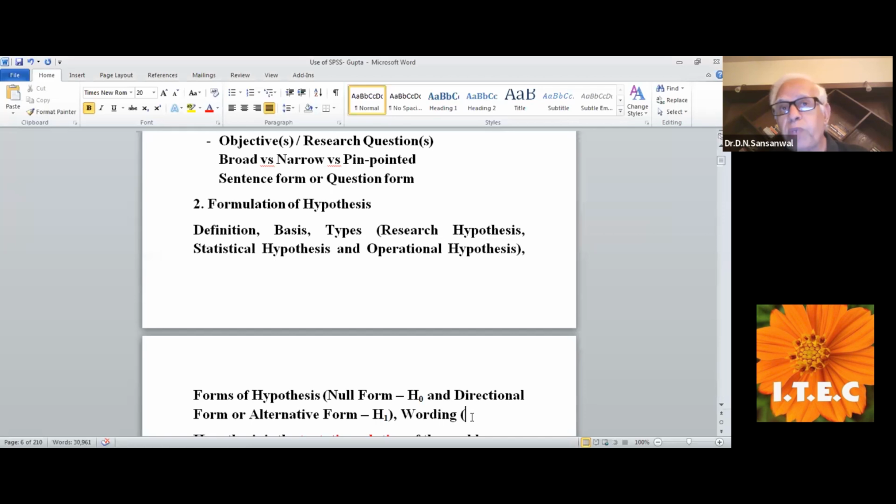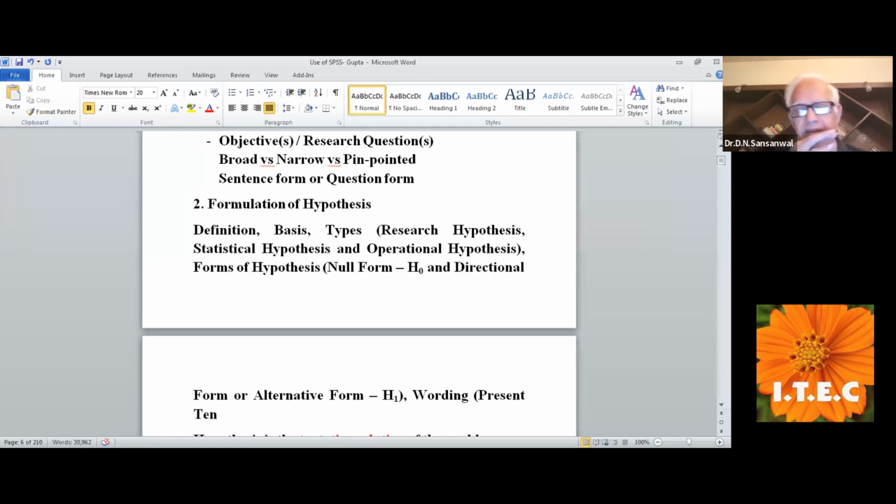Hypothesis cannot be worded in the future tense because there are bases of formulating the hypothesis. And when there are bases, it has to be formulated in the present tense. So you cannot formulate hypothesis in the future tense. You have to formulate it in the present tense. And when you are writing the hypothesis, you must use the word significance.